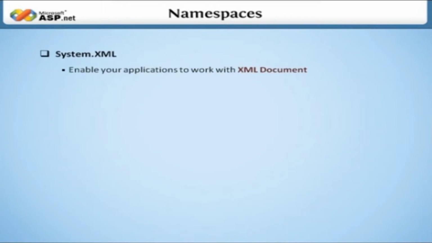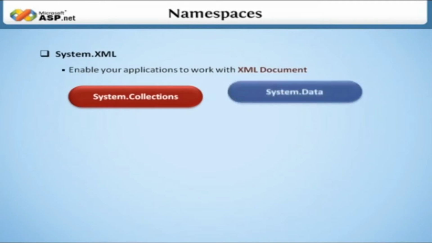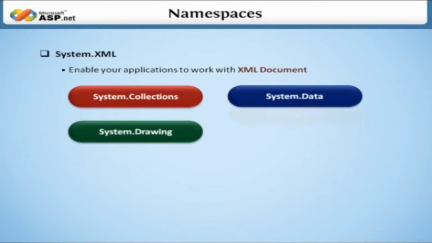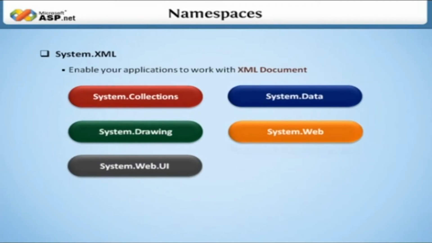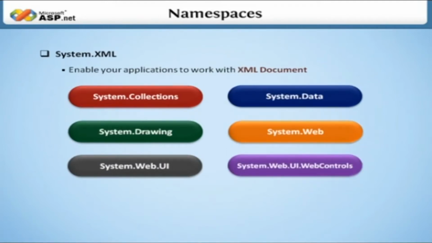When you create a new web application, by default, the web form contains namespaces, and those are namely System.Collections, System.Data, System.Drawing, System.Web, System.Web.UI, and System.Web.UI.WebControls. If you want to learn more about namespaces, refer to this URL. Now, in the next lesson, we're going to discuss various controls in ASP.NET.